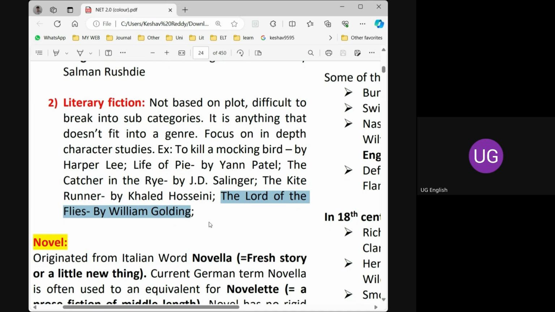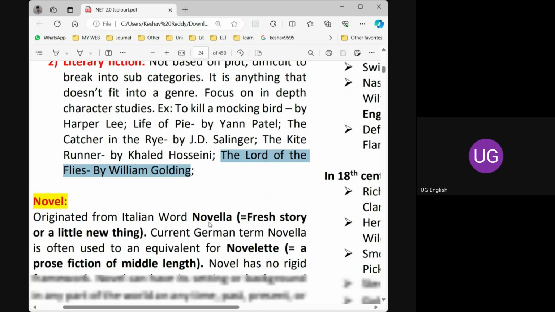Actually, a group of schoolboys are stranded on a deserted island through a plane crash, and the boys spend time on the island alone without any adult supervision. It's a beautiful novel. You can go through it, and it's part of the junior lecturer and degree college syllabus also.